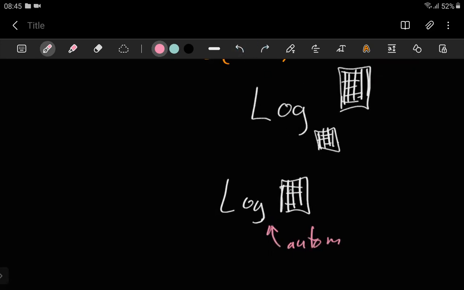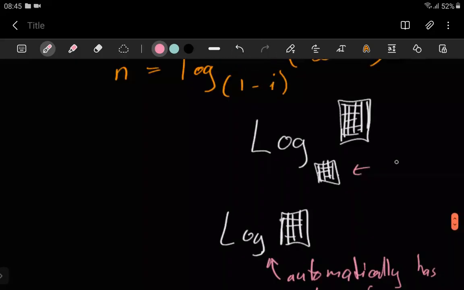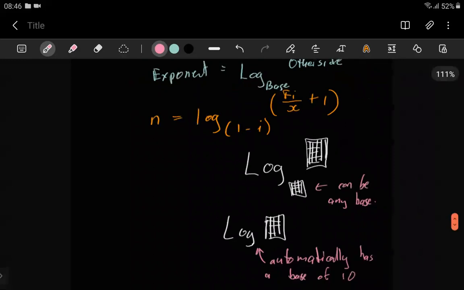The one that does not have anything to put in here automatically has a base of 10. This one can be any base. That's the only difference between those 2 buttons in your calculator.